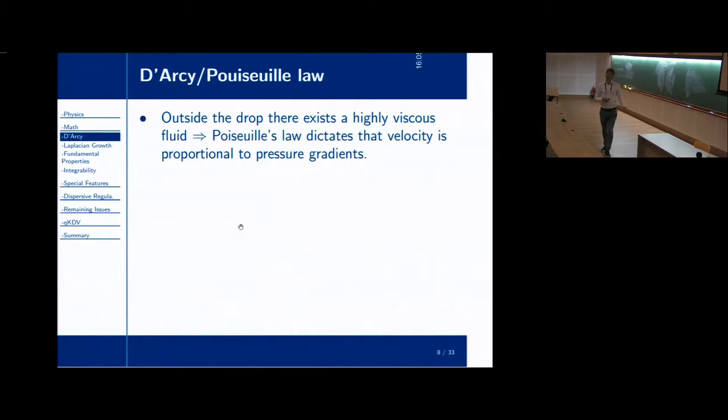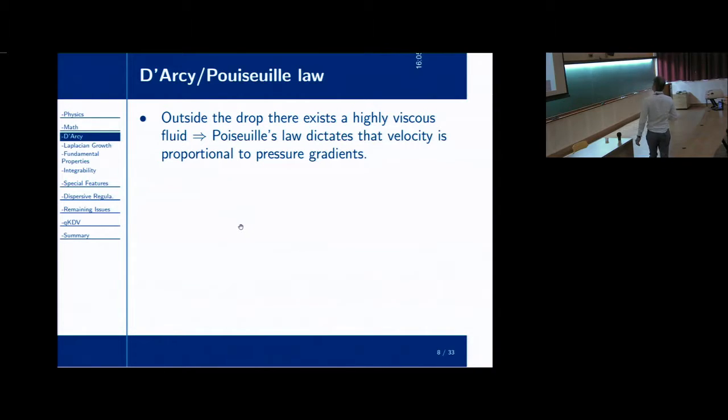For the high viscosity fluid, you may know Poiseuille's law. It's the usual law: if we have a pipe with a viscous fluid inside it, and we want a certain current of water inside the pipe, we have to apply a certain pressure differential in order to make the fluid move.